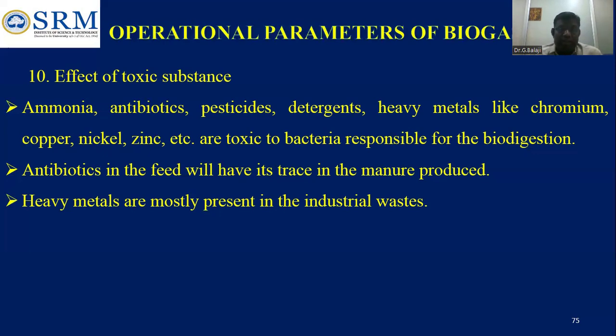So while the toxic substance is digested, the composition of biogas will vary and may lead to problems. And see the second point, antibiotics in the feed will have traces in the manure. So whatever antibiotics are there, it will reflect in the outlet.